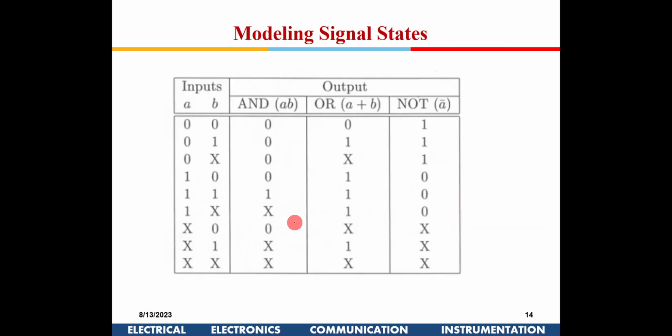Now most of the tools also take X as an input. You may not have defined the input at all, right? So you have made a circuit, and you have not defined X, it is unknown.